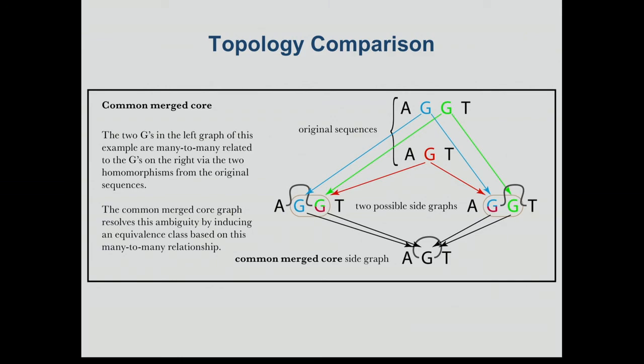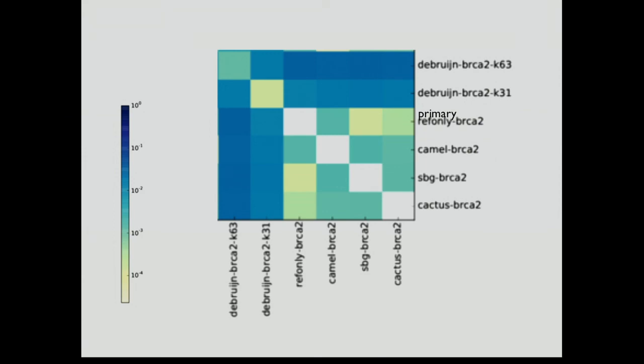And so we compared arbitrary graphs by computing this maximum homological core graph. And these are the results that we got from that. So you can see, actually, that these graphs, this is the primary graph, the camel graph, the cactus graph, are quite similar, in many cases finally to scale with each other. And they're quite different from the De Bruijn graphs. So this is a measure of essentially how similar two graphs are if you merge them so that all the paths of both of them are still represented, but you merged the minimum amount you needed to in order to achieve that.